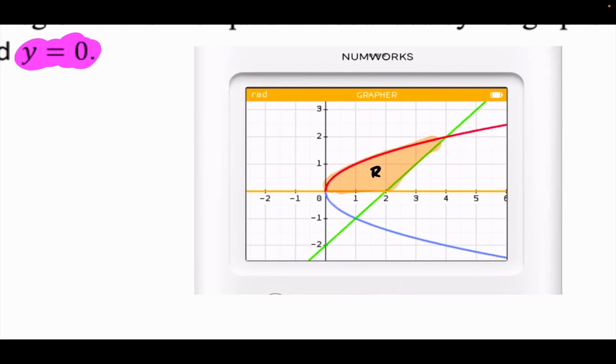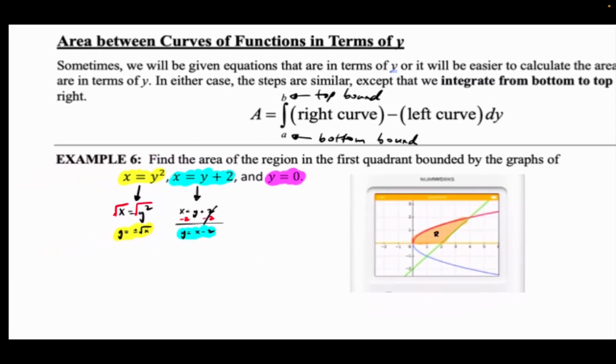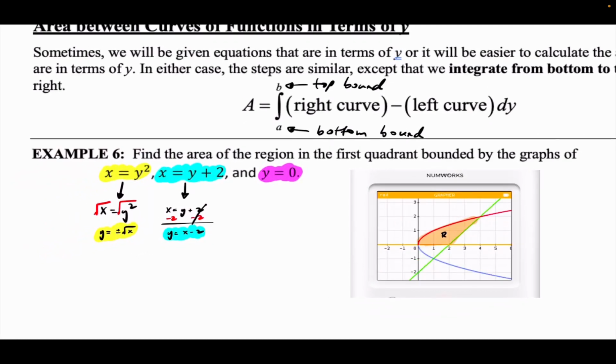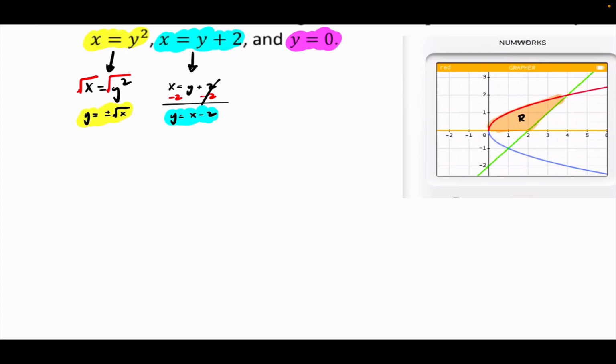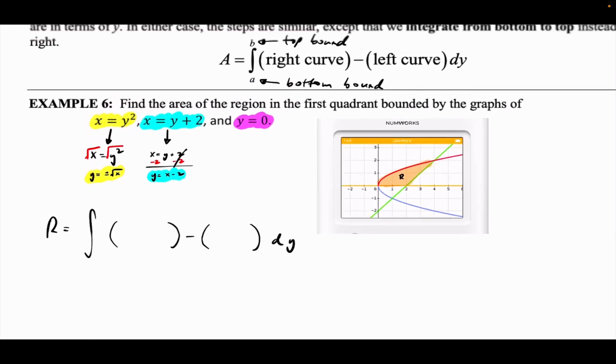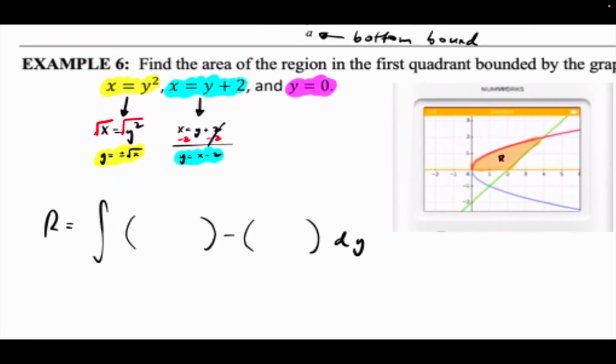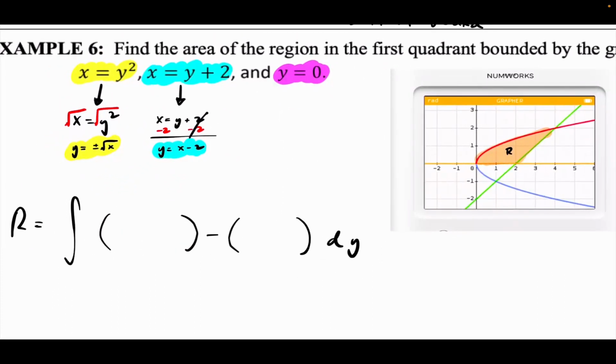So we're not doing top minus bottom. This one's in terms of y. So we're doing right minus left, top bound minus bottom bound. R equals... the difference here is this is not dx, this is dy, because we're in terms of y.